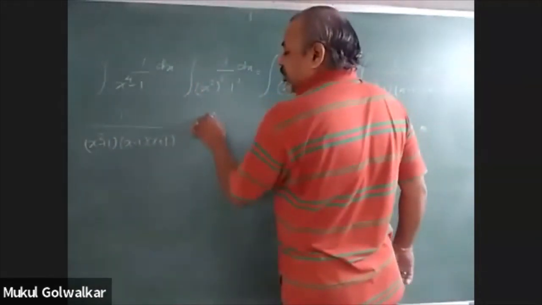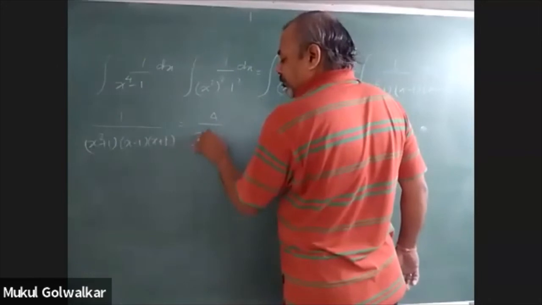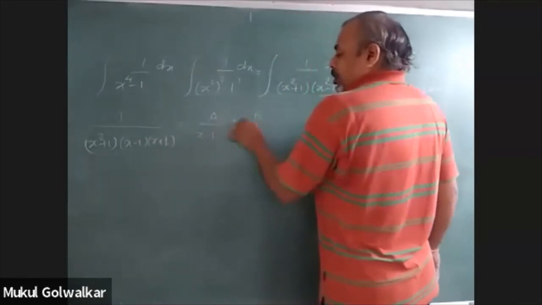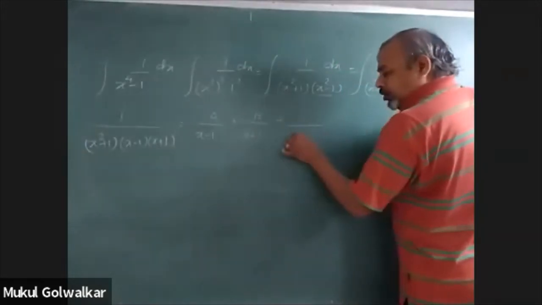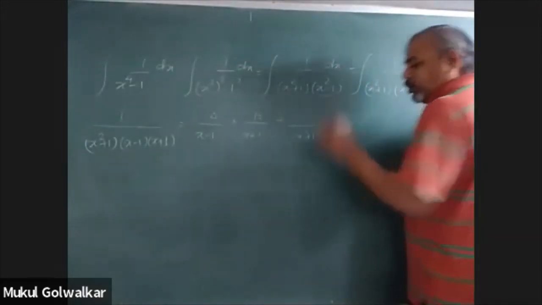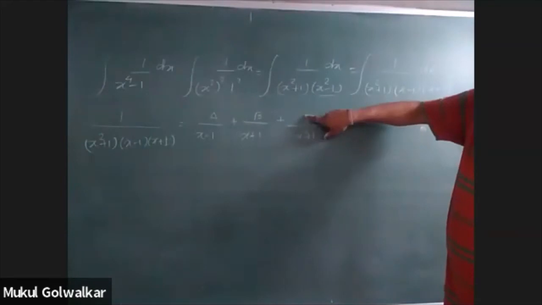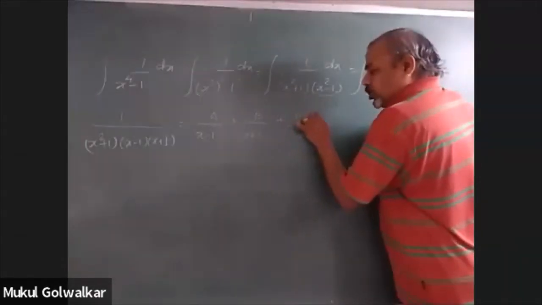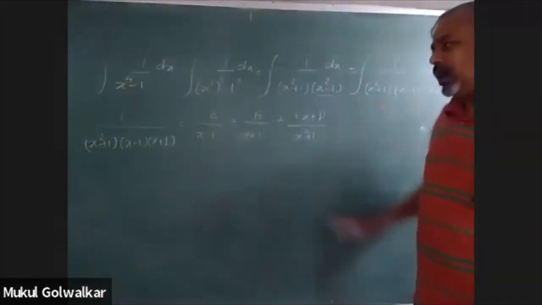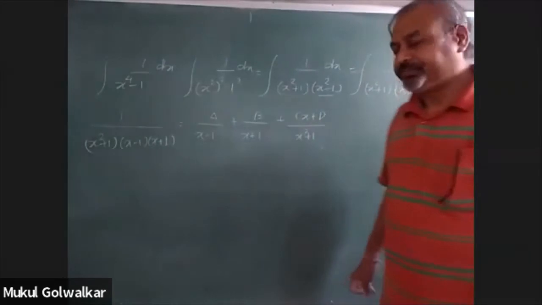So we can write it in the form of a upon x minus 1 plus b upon x plus 1 plus, when I write this quadratic factor in the denominator, what should I write in the numerator? cx plus d. Yes, so please write cx plus d. And now you estimate how difficult the question is.